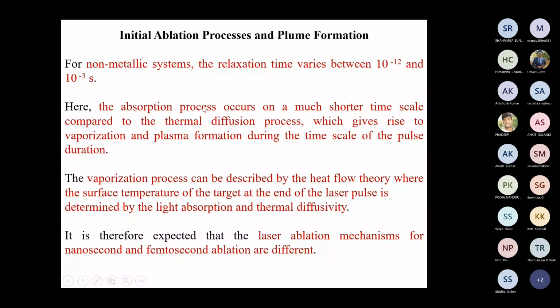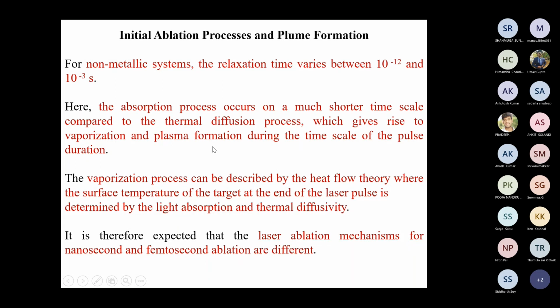The absorption process occurs on a much shorter time scale compared to thermal diffusion, which gives rise to vaporization and plasma formation during the time scale of the pulse duration. So electronic absorption is happening very fast, and with that comes vaporization and plasma formation.